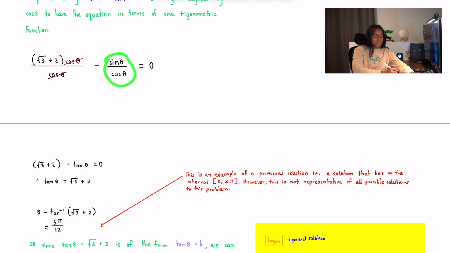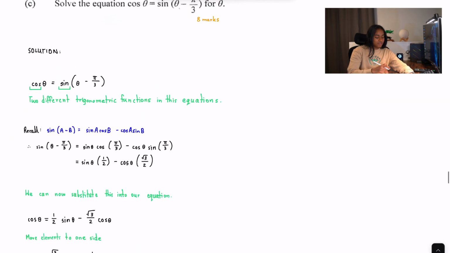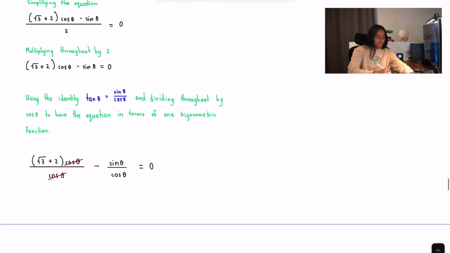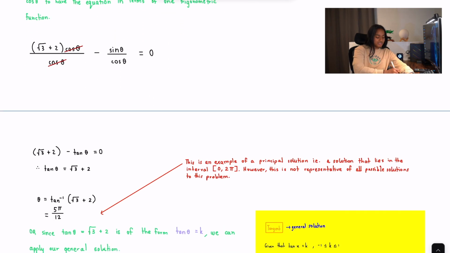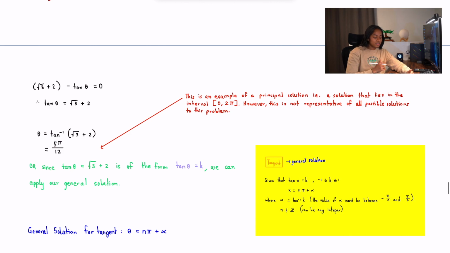And we know that this is equal to tan theta. So notice how we went all the way from this to this. Much easier on the eyes, isn't it? Yes. So now we have one trigonometric function, which is tan theta is equal to square root of 3 plus 2. And now we can solve for theta.